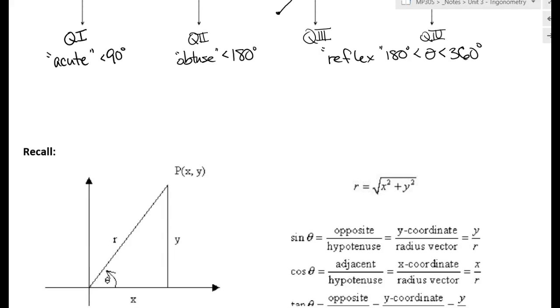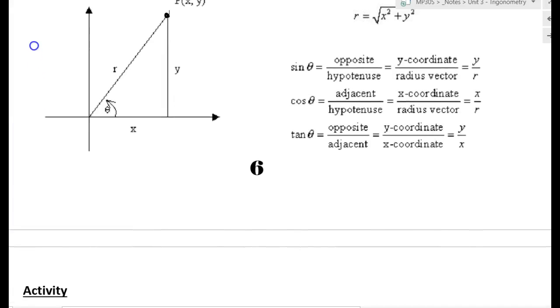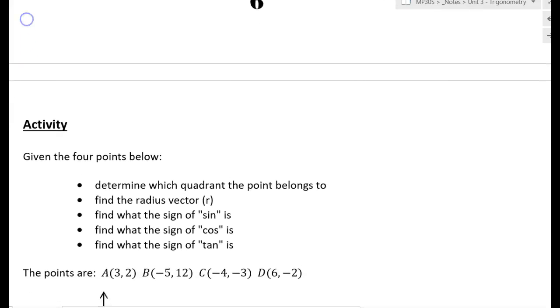So you might remember that when we're dealing with any point on our grid, we can talk about it in terms of the distance from the origin, r, and x and y as the coordinates. And these were formulas for doing the math with those angles and sides.